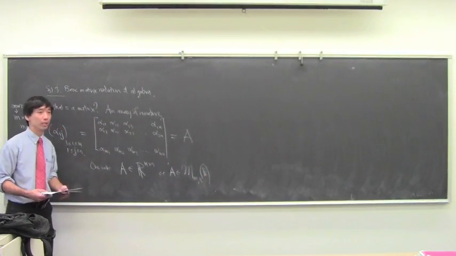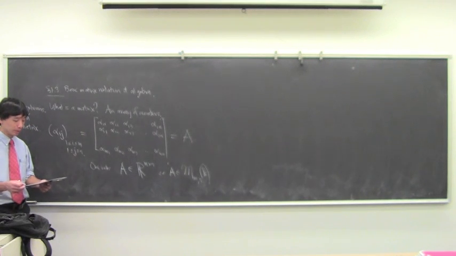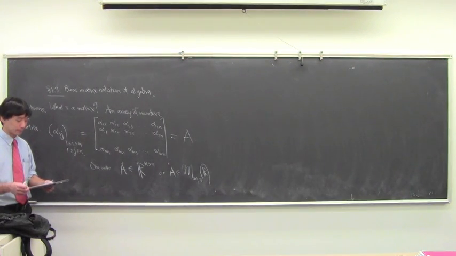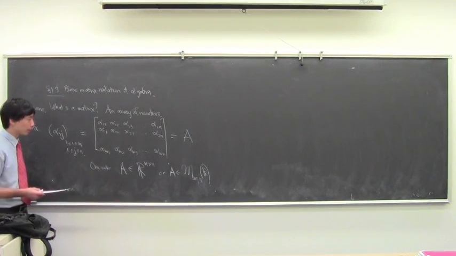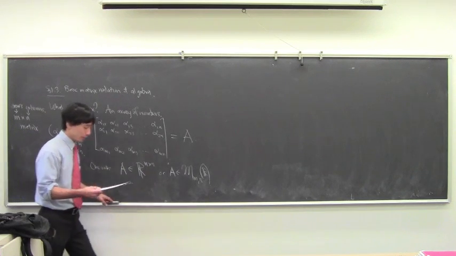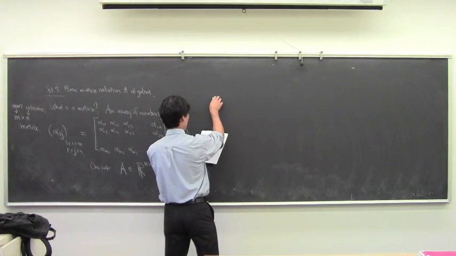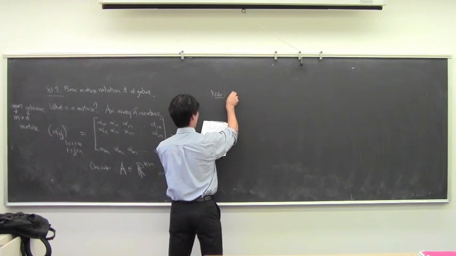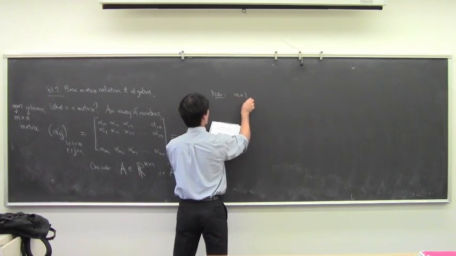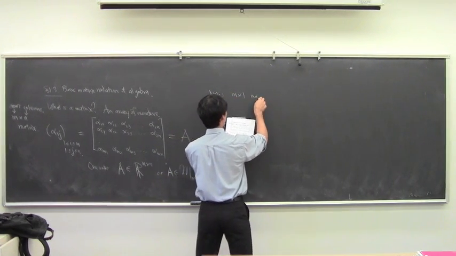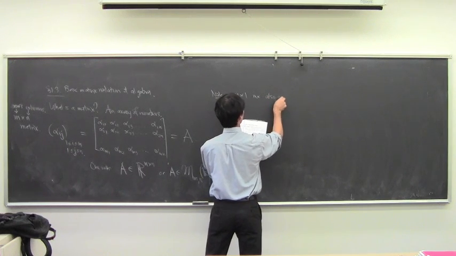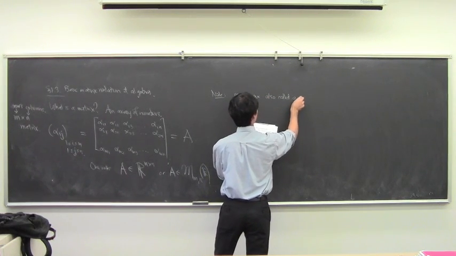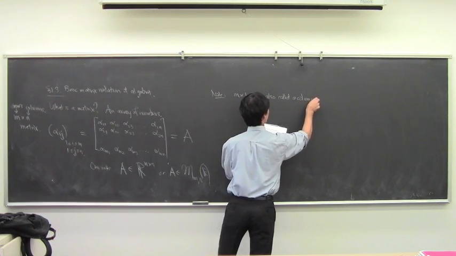At least for now, we'll deal with matrices of real numbers. So some particular cases. Note that an m by 1 matrix we'll also call a column vector.